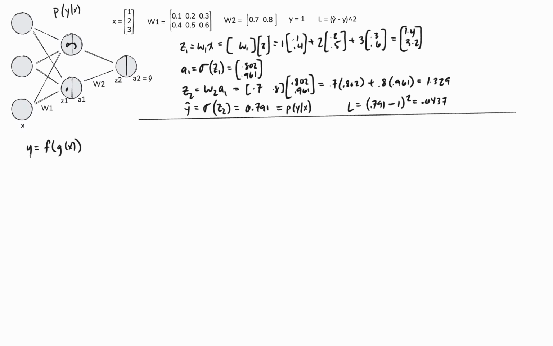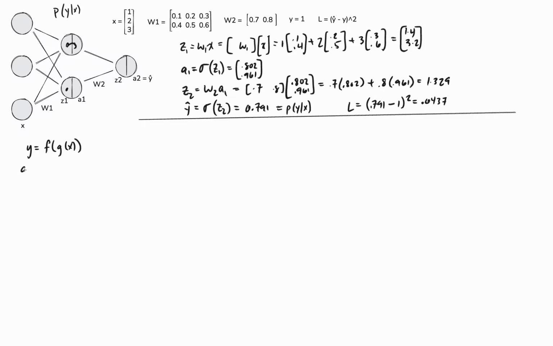So let's say you have some value y that is equal to this here. Basically, you have an input x, which is first passed through a function g, and the output of g is then passed through the function f to obtain y. Okay, so that's our DAG if you will.